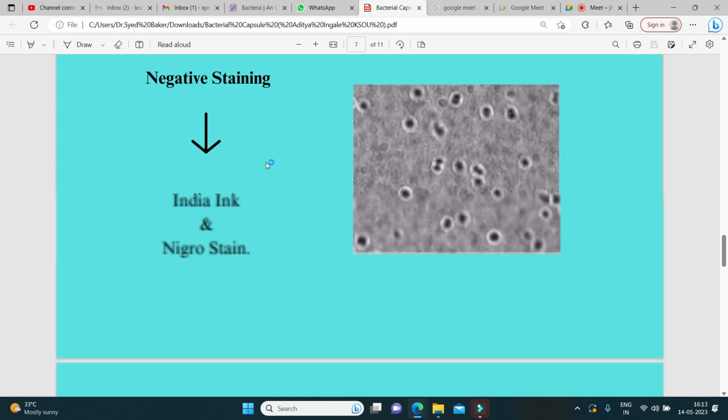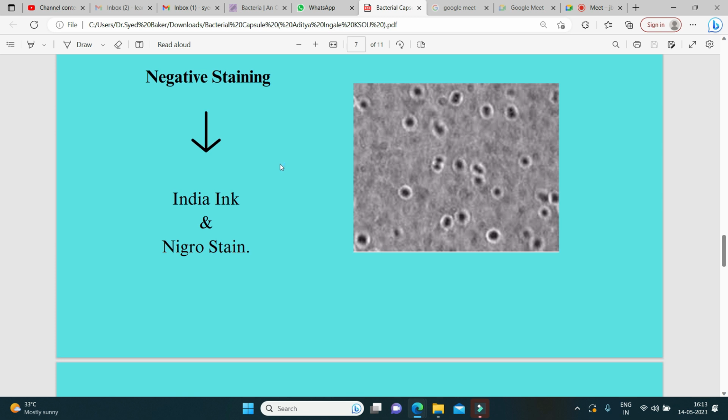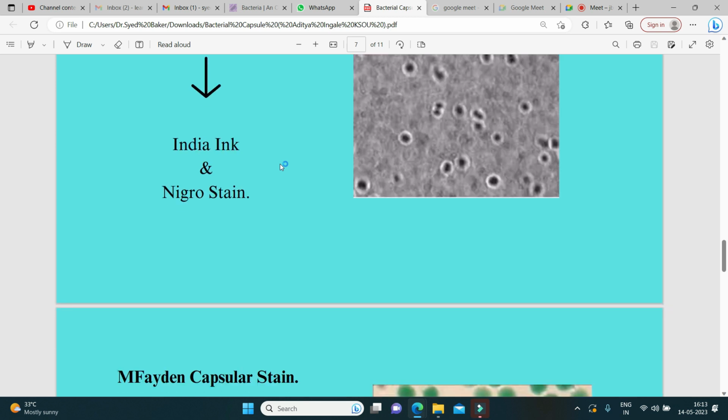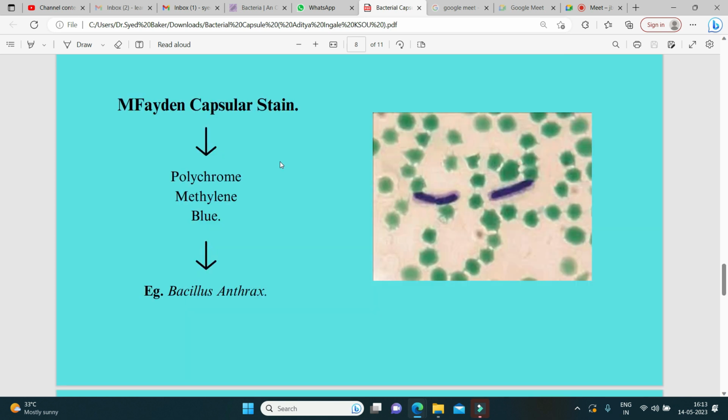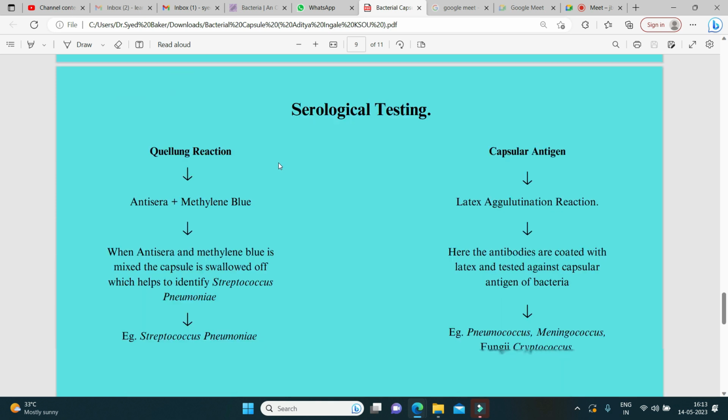So let's study negative staining. India ink or nigrosin is the stain used for negative staining. In the capsular stain, polychrome methylene blue is the stain used to stain Bacillus anthracis.